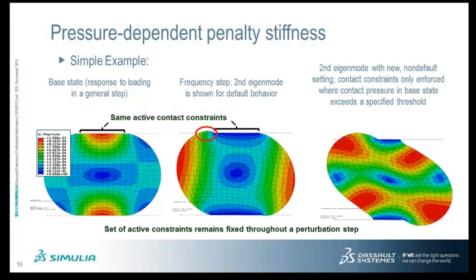But if the contact is below this threshold, then those two surfaces are free to move apart. So it gives you a little bit of flexibility in modeling perturbation steps after a general nonlinear step. And you can see that the two eigenmodes there at the center and on the right are significantly different because of the difference in the way the contact is handled in the frequency step.